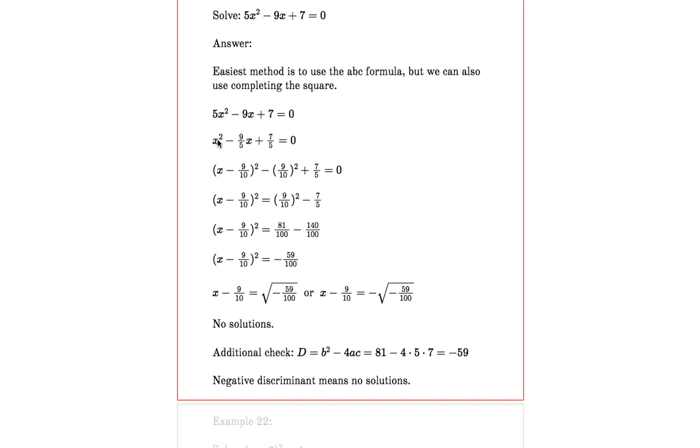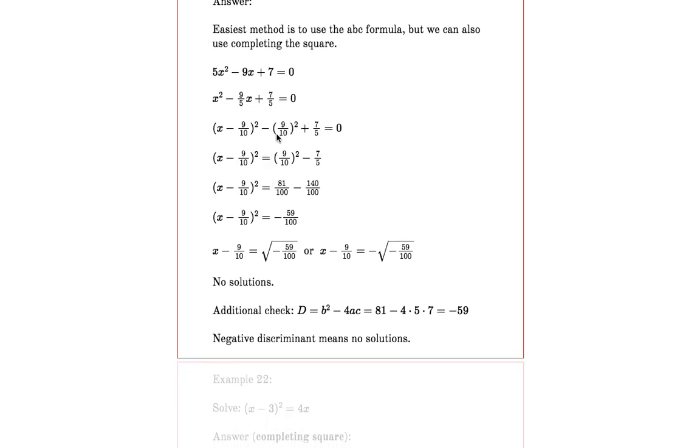Then, we take this x, place it here, minus 9/5 divided by 2, which is 9/10. So just make it 2 times smaller and place a square here, minus this squared plus this is 0.